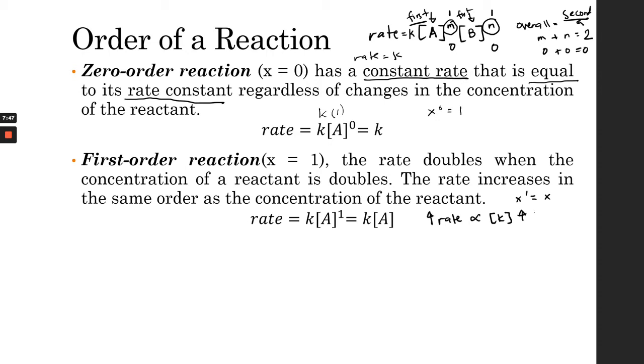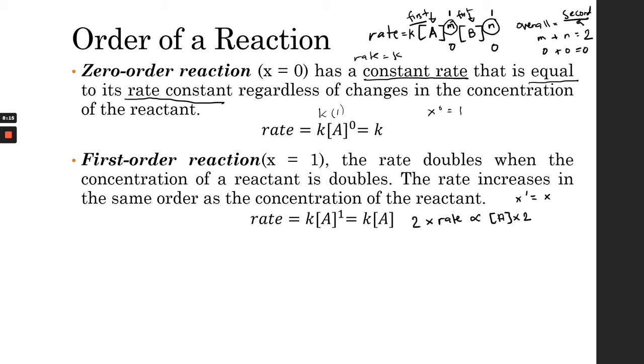If I lower the concentration of my reactant, the rate will also lower. What that simply means as well is, if I double the concentration of my reactant, I double it times 2, my rate would also double.